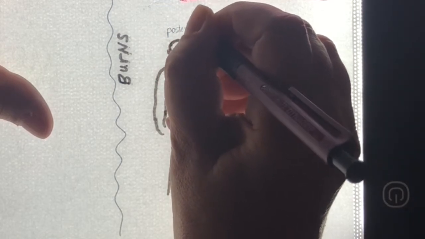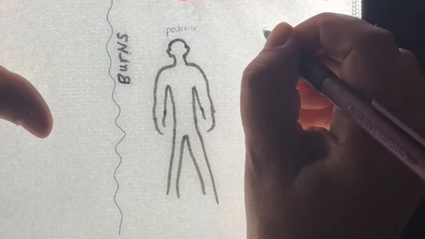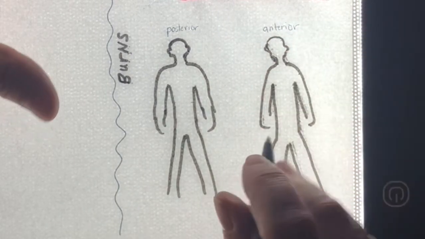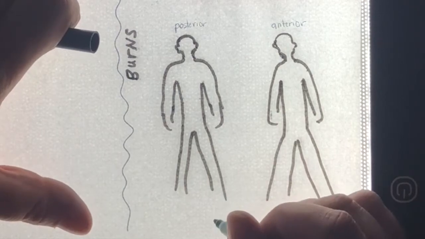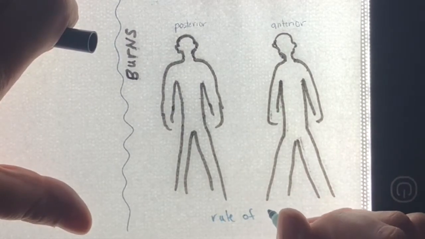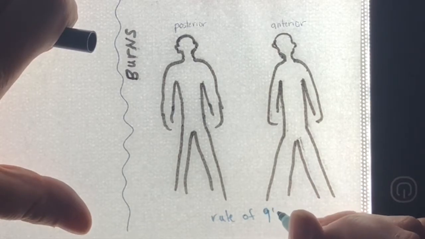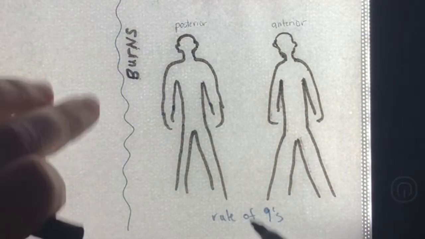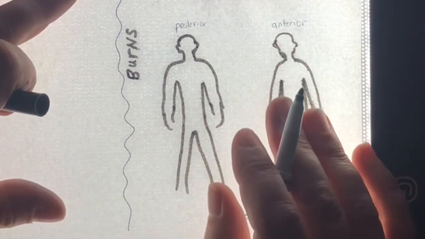But the question is, when do you send somebody to a burn center? When is it appropriate to treat a burn at a burn center as opposed to simply treating it at home? Well, the answer is that it probably depends on the health practitioner. Some would say any third-degree burn should immediately go to a burn center, but the rule of thumb is about 10% of your body.